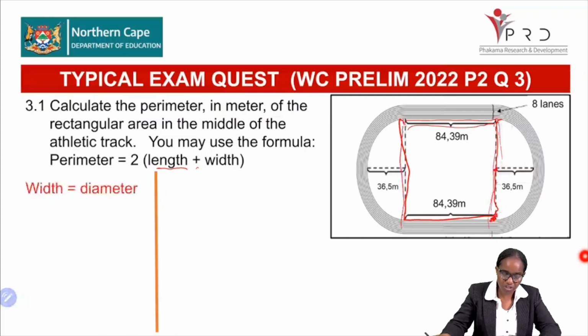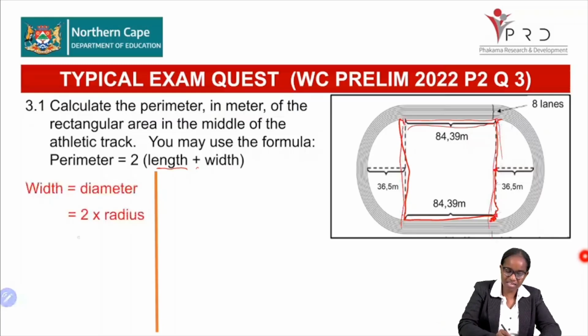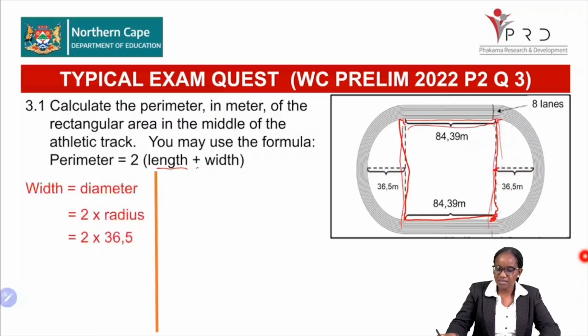So how are we going to obtain the width? The width will be, since diameter is 2 times radius, 2 times 36,5, giving us 73 meters. So this is the width. Now that we have the width, we write down our formula for the perimeter of the rectangle.